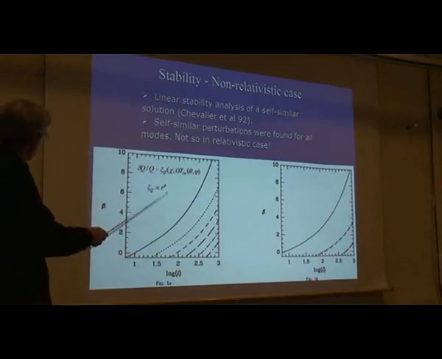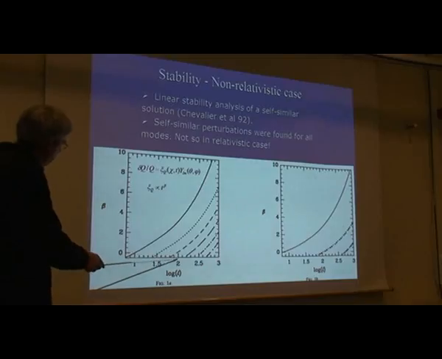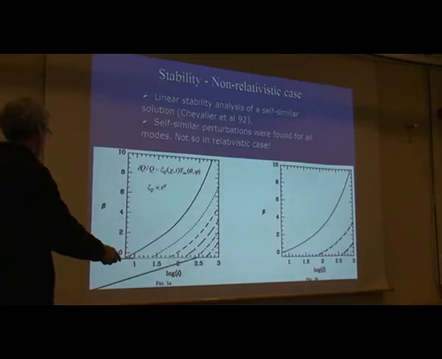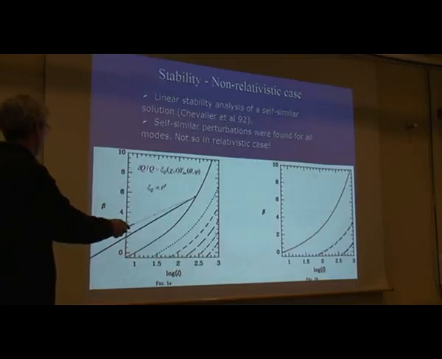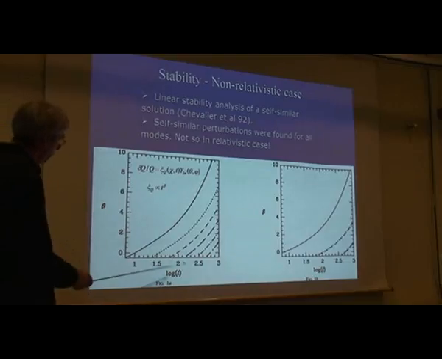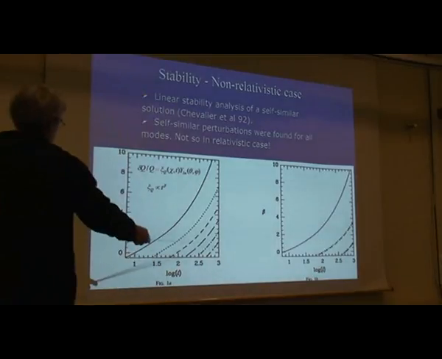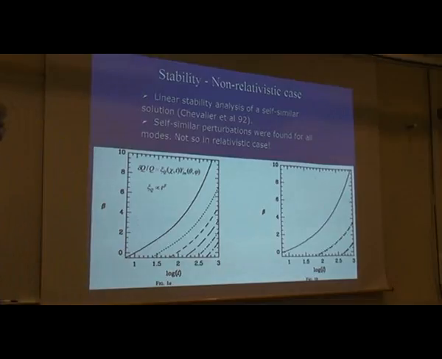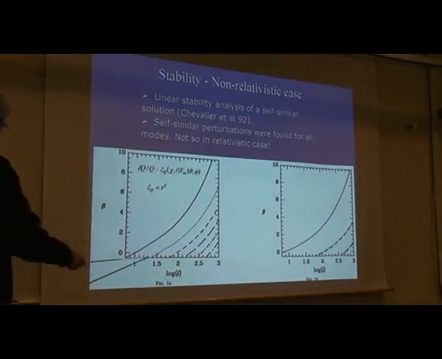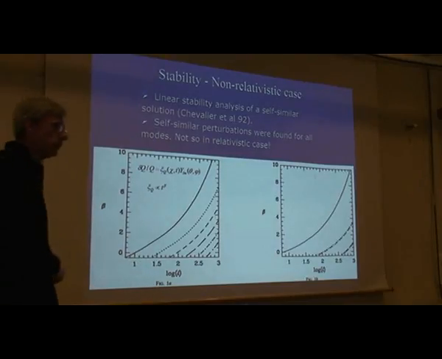So as you go to smaller scale modes, the growth rate increases. And you find quite significant growth for large L numbers. So the system is unstable for these modes, and modes with order smaller than this critical number are stable.